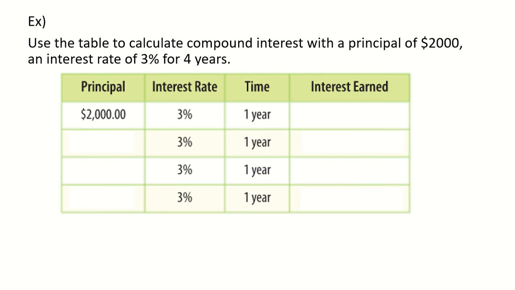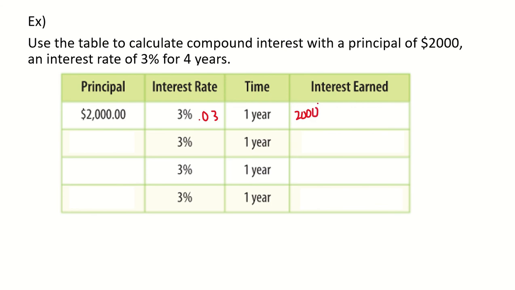Use the table to calculate compound interest with a principal of $2,000 and an interest rate of 3% for 4 years. This is actually going to be simple interest, but I will show you at the end how it links to compound interest. So let's work through this. If you start off with $2,000 as your principal or starting amount, and an interest rate of 3%, which is 0.03, for 1 year, the interest earned is, you just multiply everything, right?